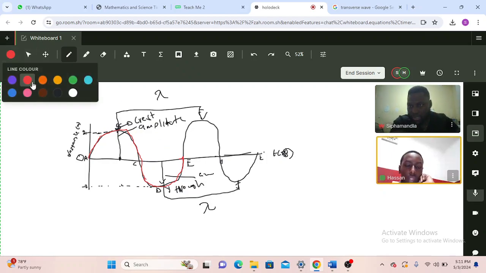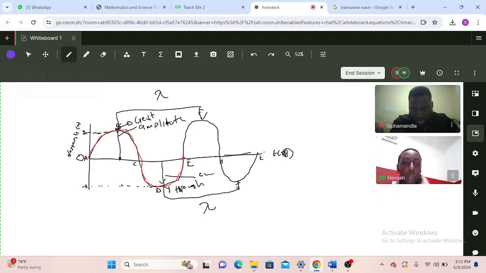And the second one is this one. Any question here? Right. So basically, we have two completed cycles here. Now, I want to show you something about the wavelength.